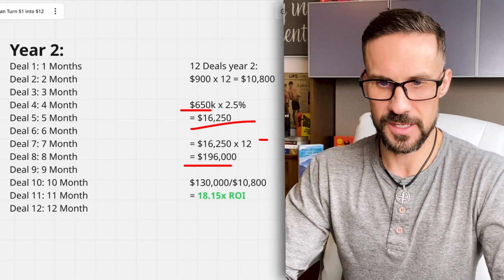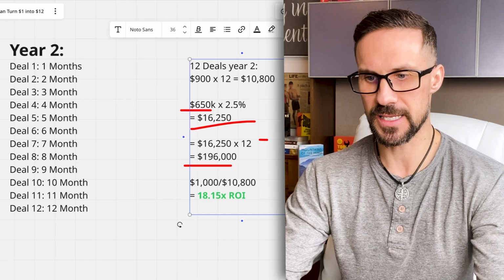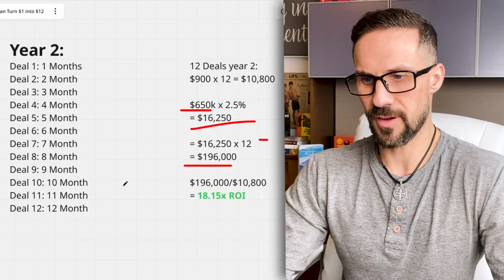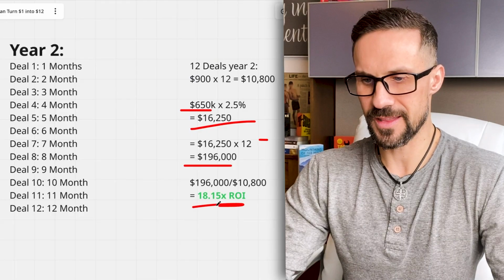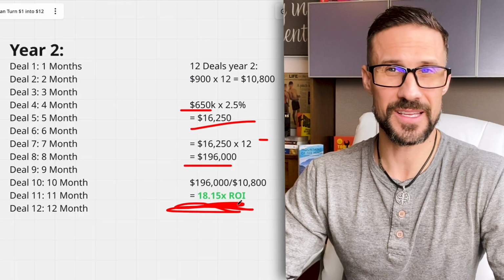I made a mistake there, just one second. This is $196K. $196K divided by the $10,800 you invested, that's an 18 times ROI on your money. And this just gets better and better.